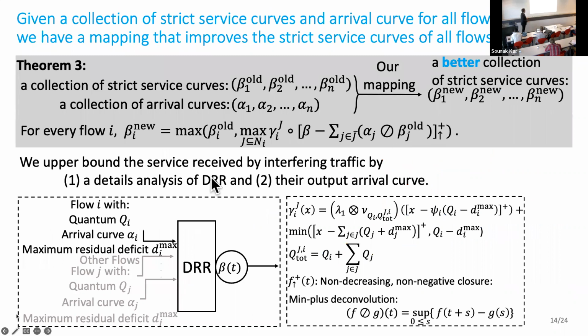As I said, we upper bound the service received by interfering traffic using the output arrival curve of that traffic. To compute the output arrival curve, we use the min-plus convolution with the strict service curves that we have, the collection of strict service curves that is available. So if you improve the collection of strict service curves that you have right now, you can improve the collection of strict service curves that you can find.